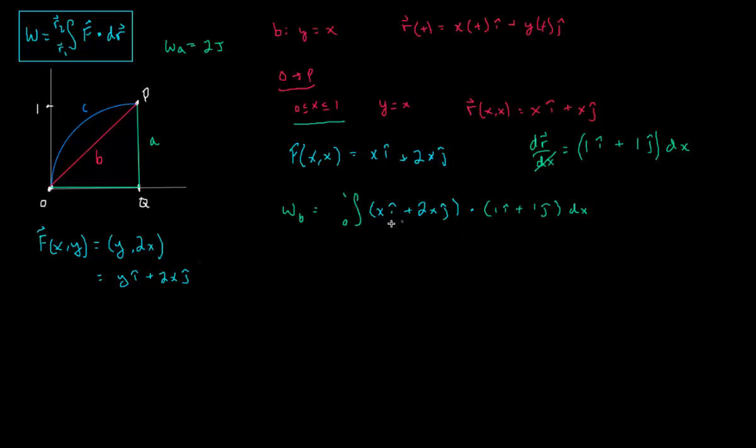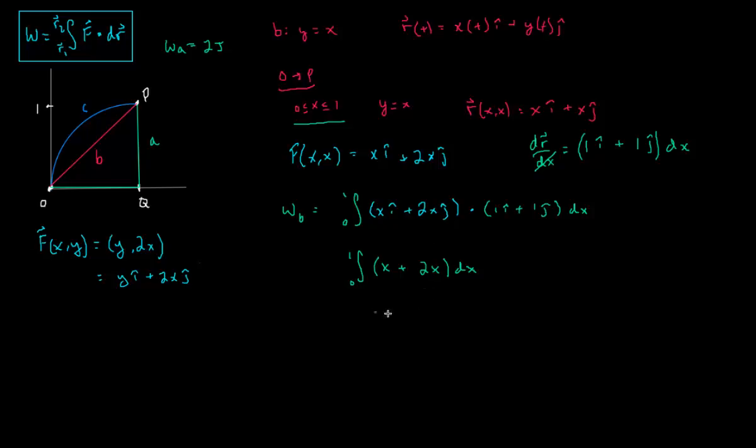Okay, so let's take the dot product first: i's times i's, j's times j's. So we have the integral from 0 to 1 of x times 1, which is just x, plus 2x times 1, that's 2x. This is now a scalar, not a vector anymore, so there are no i's and j's.